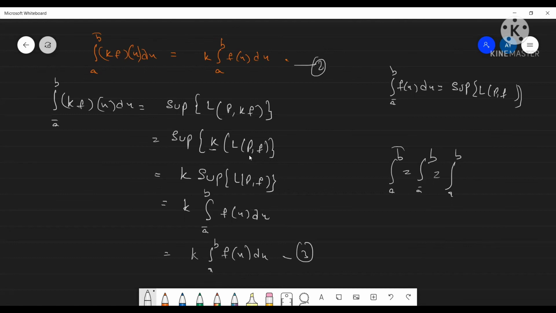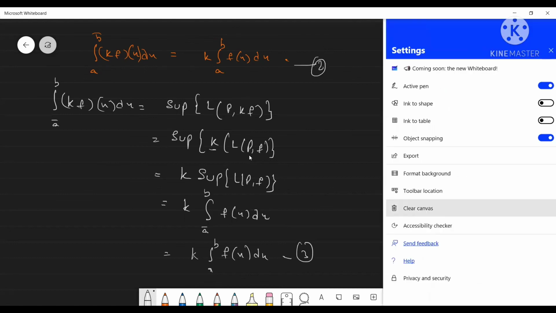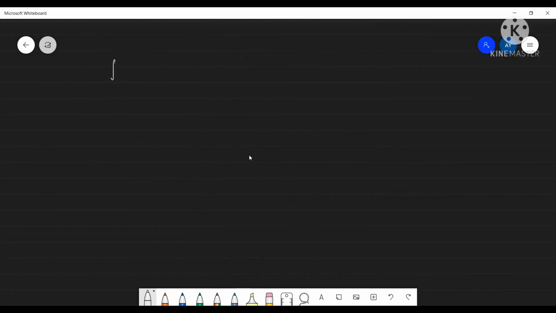Call this 2 and this 3. So from 2 and 3, we can conclude that integral a to b bar of kf of x dx is equal to integral a bar to b of kf of x dx, which is equal to integral a to b of kf of x dx.